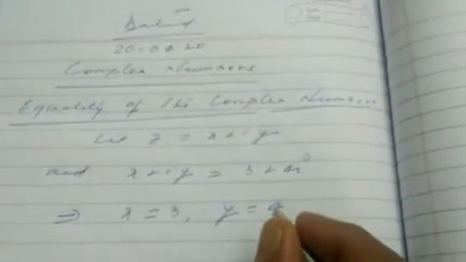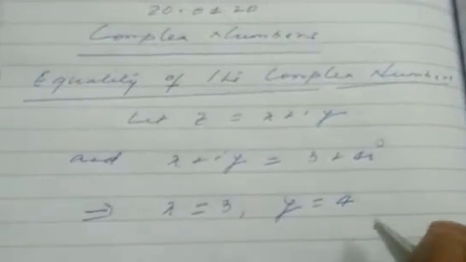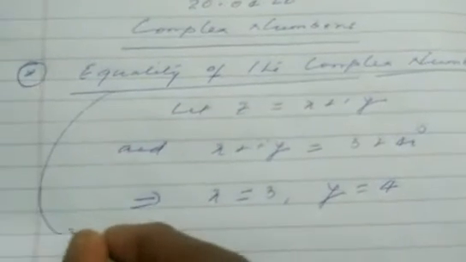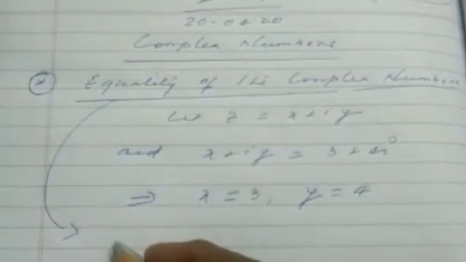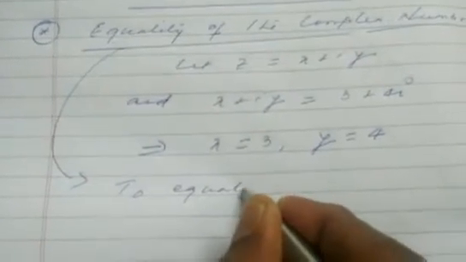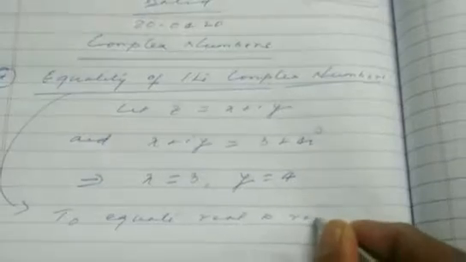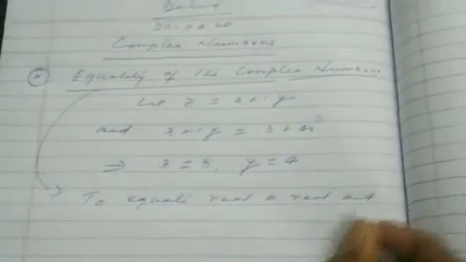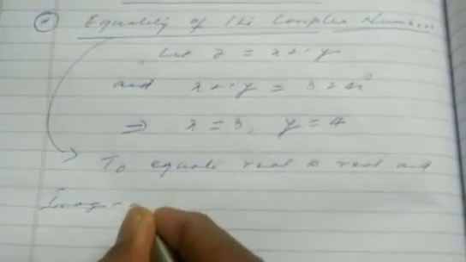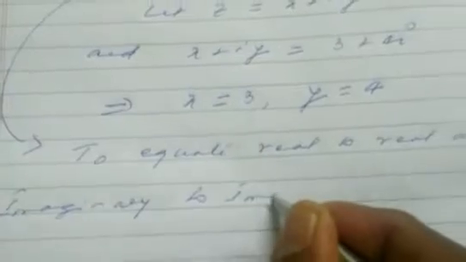We are equating real to real and imaginary to imaginary. That is the meaning of equality of complex numbers. So that was the concept of equality of the complex number.